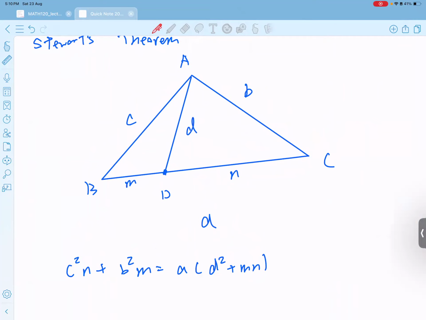So we have c squared equals d squared plus m squared plus, let's call this angle alpha, 2dm cosine alpha. And then b squared is d squared plus n squared minus 2dn cosine of 180 minus alpha. So we can just substitute into the formula.